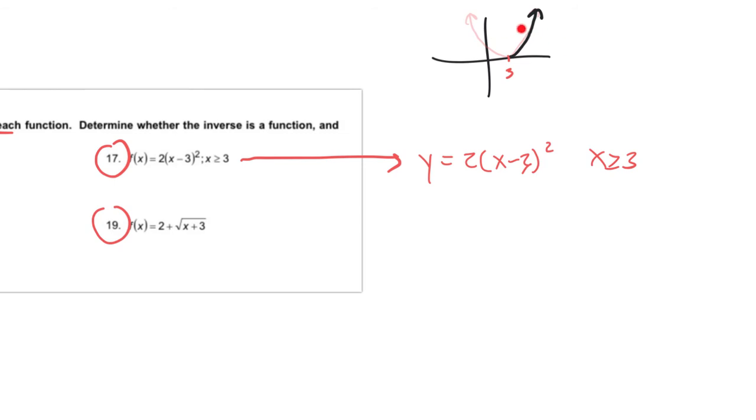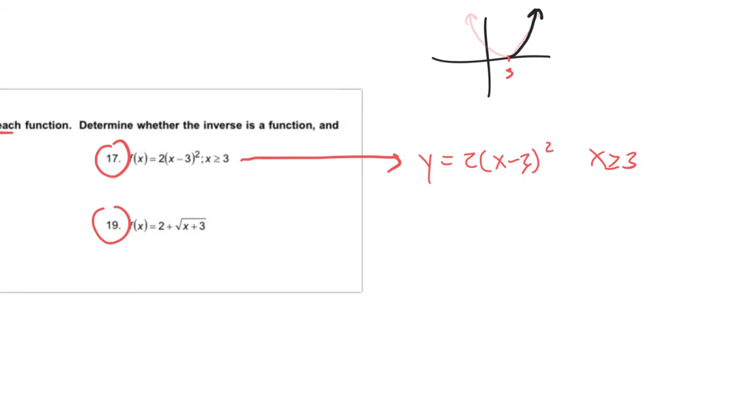Now, if the original function passes the horizontal line test, then it can be concluded that the inverse will pass the vertical line test, and then it can be concluded that the inverse is a function. So we already know the inverse is going to be a function. Now, before I embark on the journey of finding the inverse function, I still want to look at this graph, and I want to get a visual depiction of what we can expect soon, okay?